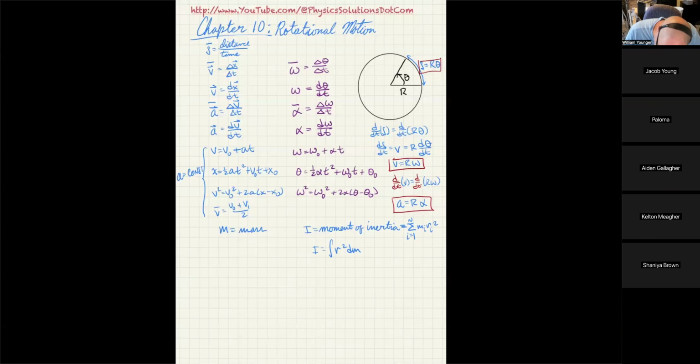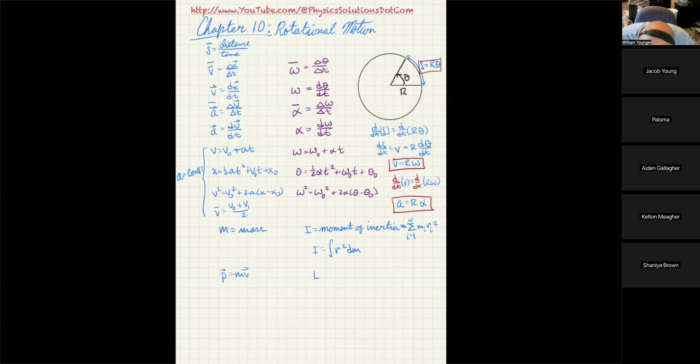We also have a rotational analog to momentum. We have P is equal to m times v.